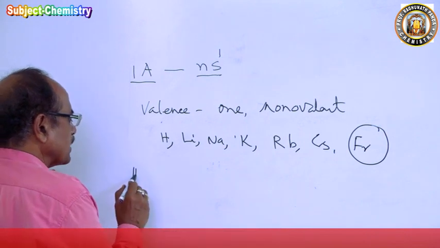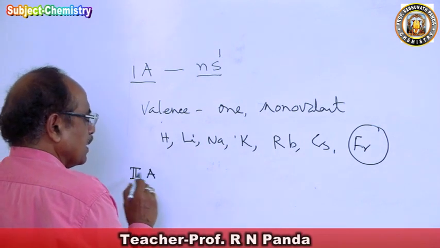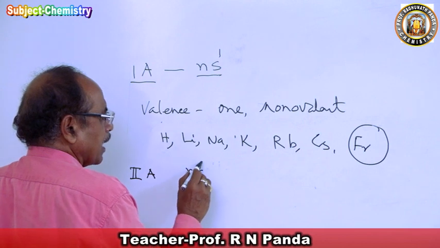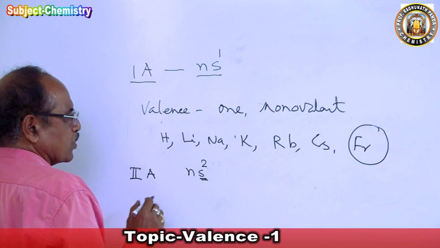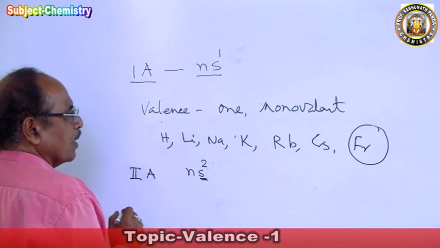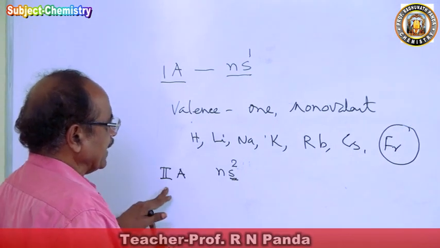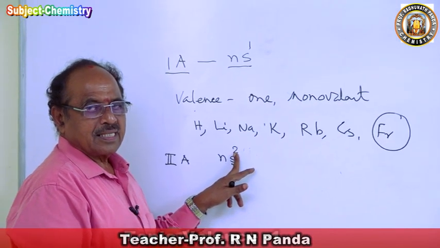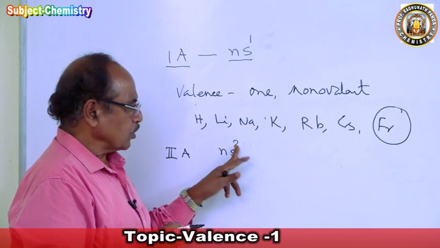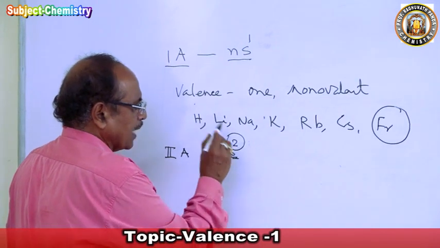Now coming to group 2A. Here all the elements have 2 electrons in their outermost shell, in their s orbital, so they have ns2 configuration. The group number indicates the valency of the element. So how many electrons are here? 2 electrons.